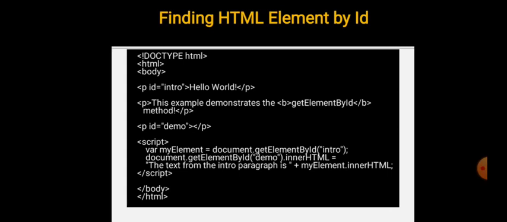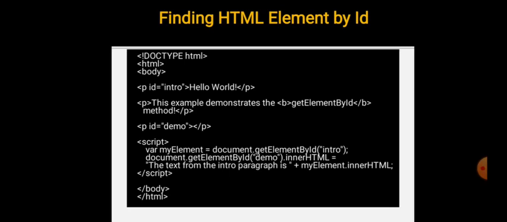You can see that statement, var myElement equal to document.getElementById of intro. That means in the variable myElement, we are storing the reference to that intro element. So using myElement, we can manipulate the paragraph tag with the ID intro.